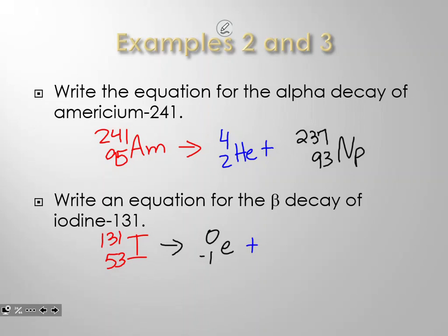So something plus 0 gives me 131. That's pretty easy. What's that? 131 is the mass number. Now don't get this backwards, because something plus minus 1 gives me 53. So it must be 54, and 54 is which element? Xenon, very good. Xe. Okay, so those are some examples of how you would write out those nuclear reactions.